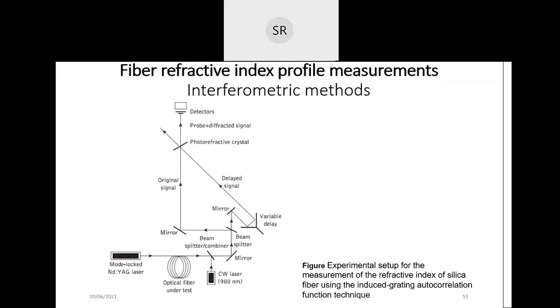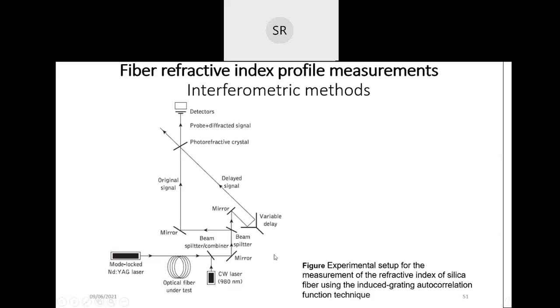But another method for measuring the refractive index profile of a fiber is the induced grating autocorrelation technique.